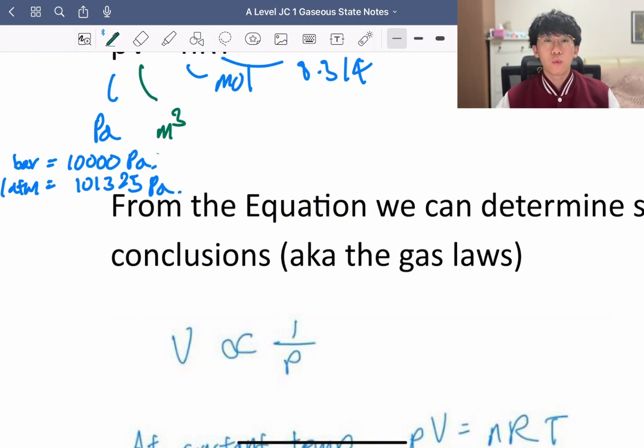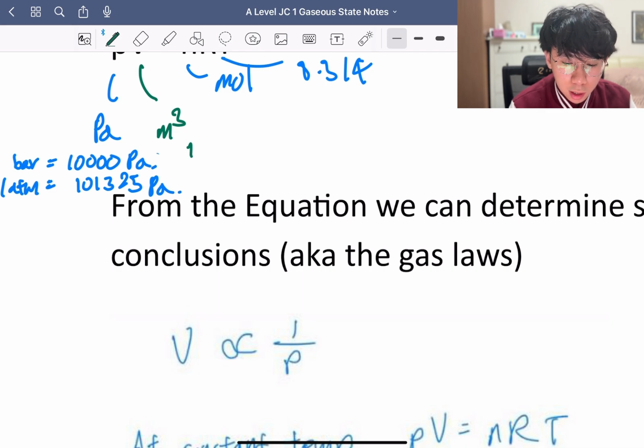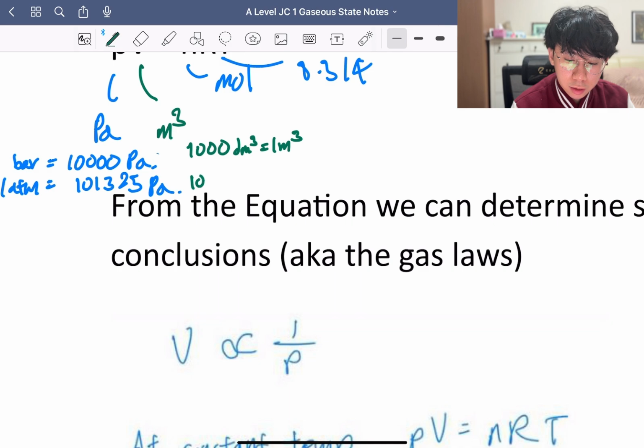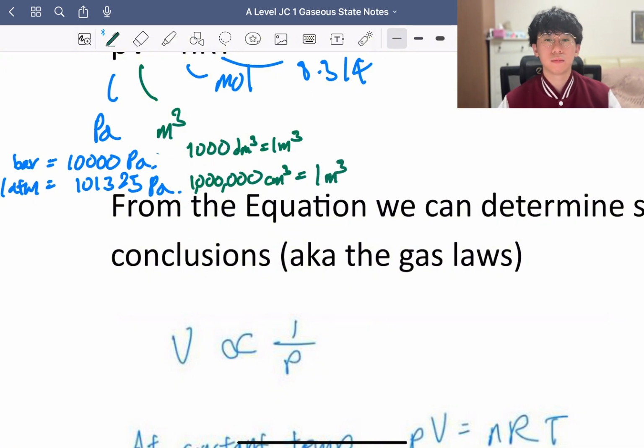For volume, we tend to see dm cube, and 1000 dm cube equals a single meter cube. Next up is cm cube, and 1 million cm cube equals 1 meter cube. So these are some typical ways you can convert for pressure and volume.